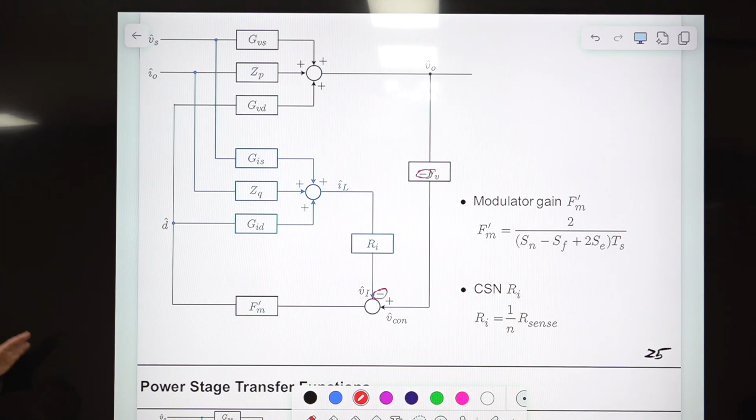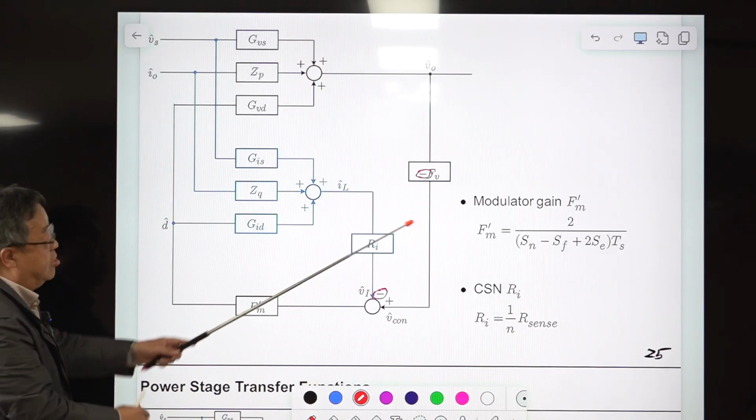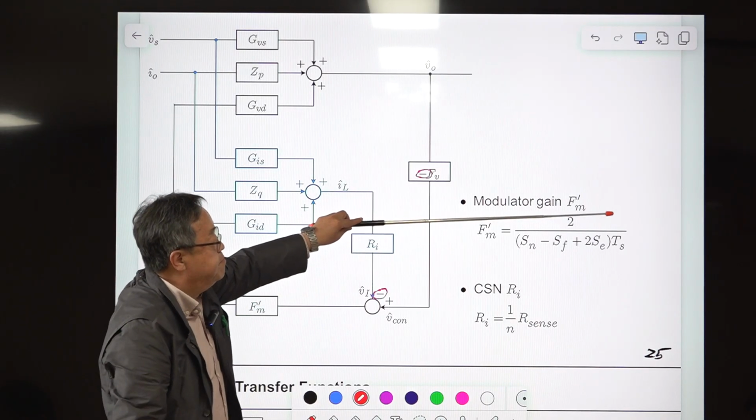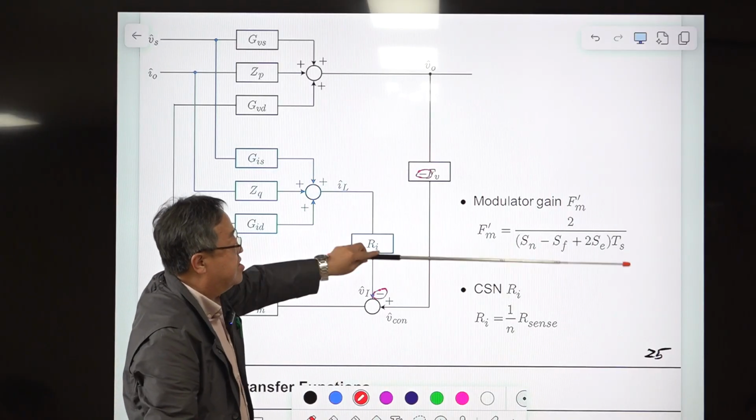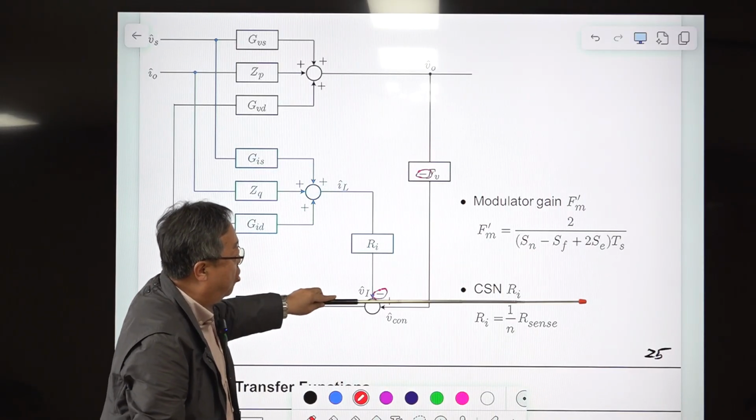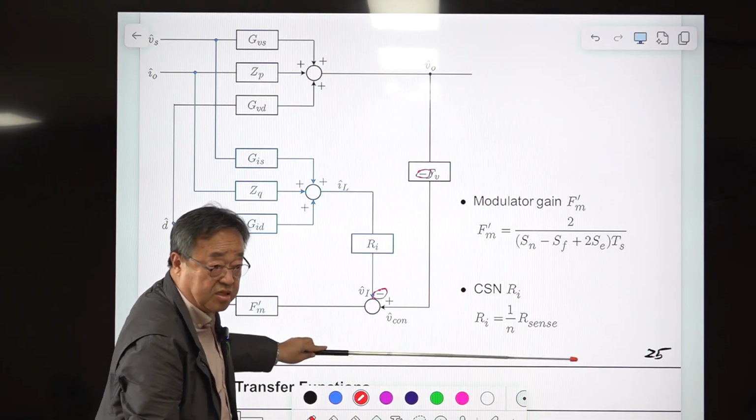That also makes sense. So this is the extension of our previous small signal block diagram of voltage mode control to current mode control, by adding 3 additional functional blocks and adding this one and modifying this. For the modulator gain, you are using the Fred C. Lee expression, and the current sensing network gain, Ri, is this one.